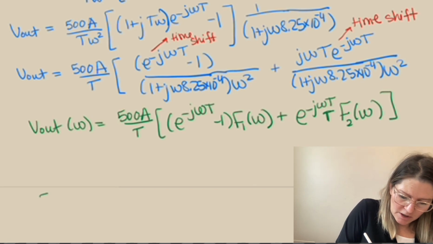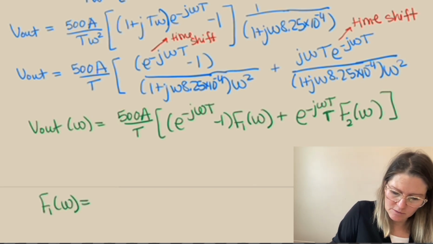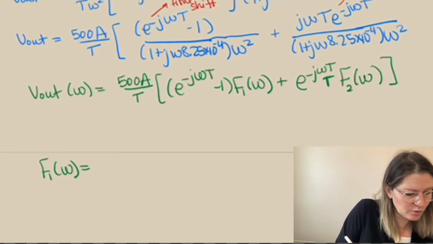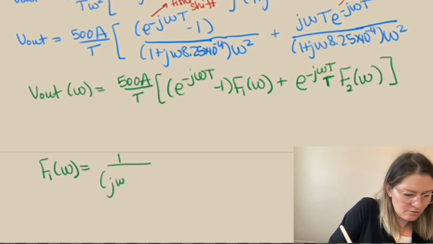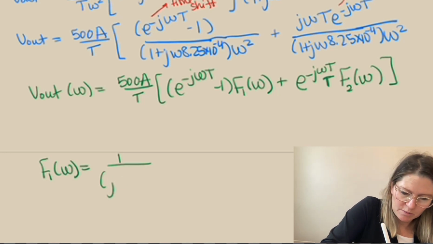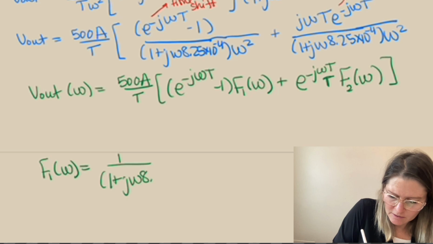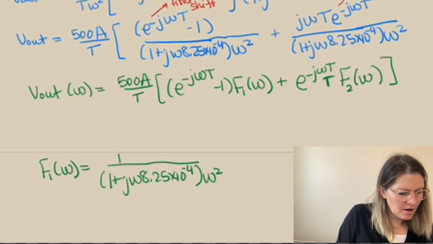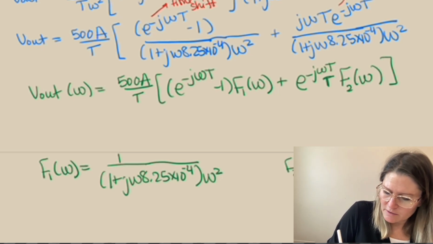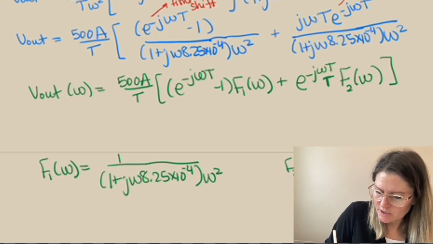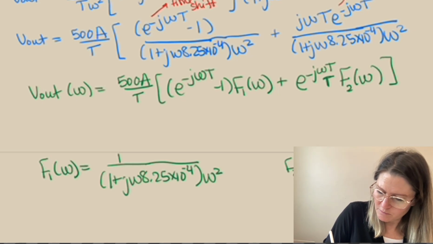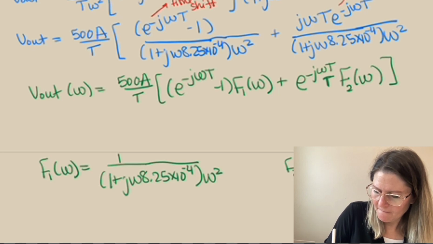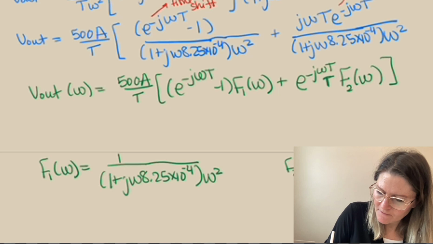And so F1 of omega here is going to equal just 1 over (1 plus j omega 8.25 times 10 to the minus 4) squared, and F2 of omega is going to equal j omega t, and we brought the t out, so j omega over 1 plus j omega 8.25 times 10 to the minus 4.